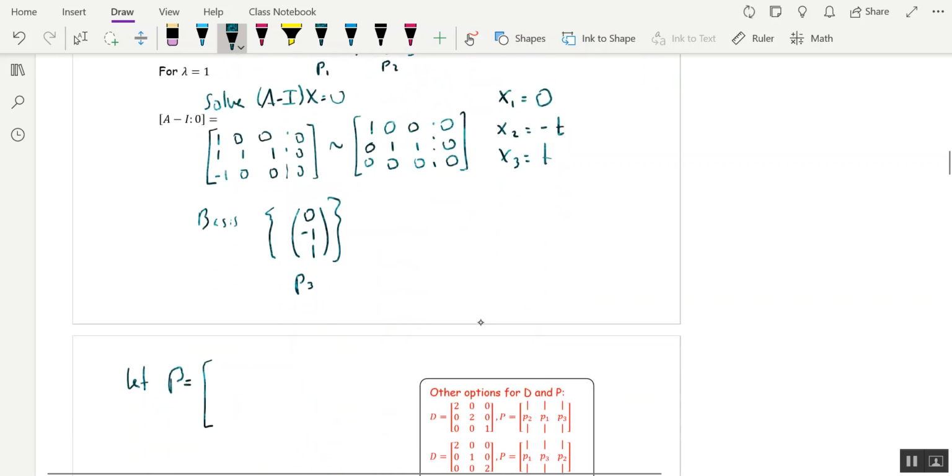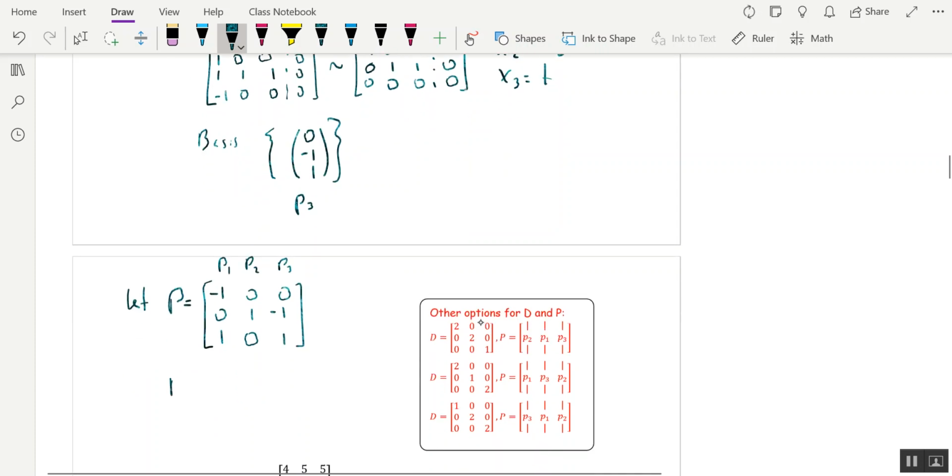So I'm going to get negative 1, 0, 1. I'm putting them in as columns. 0, 1, 0. And then 0, negative 1, 1. So I put P1, P2, P3. So for D, I need to make the diagonal entries correspond to these eigenvectors.